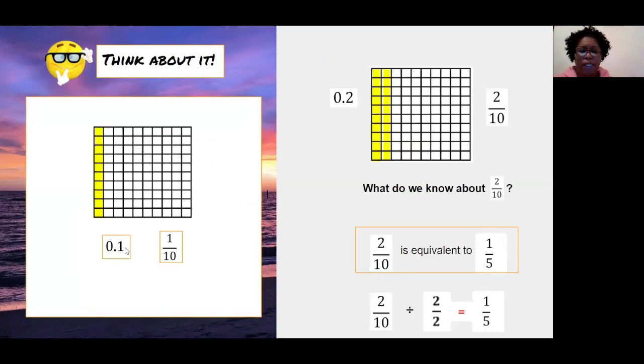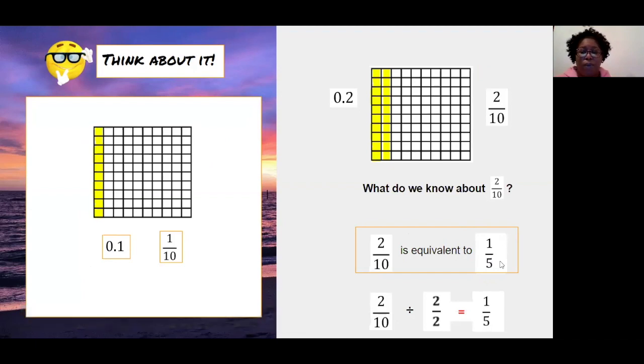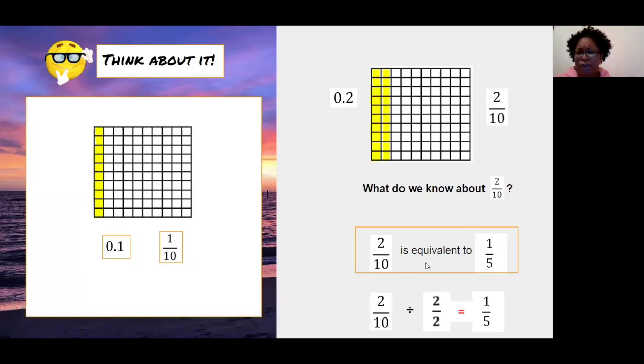Here's the information again. So what do you think about 2/10? If we were given 2/10, what do we know about 2/10? 2/10 is equivalent to 1/5. How do we know that? Well, we had to use a division strategy. And we remember that from our fractions unit when we had to simplify fractions.